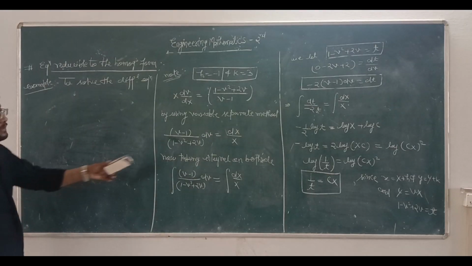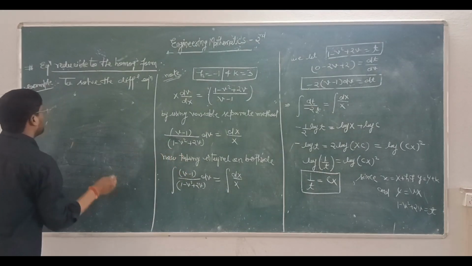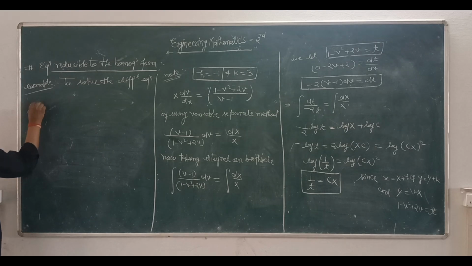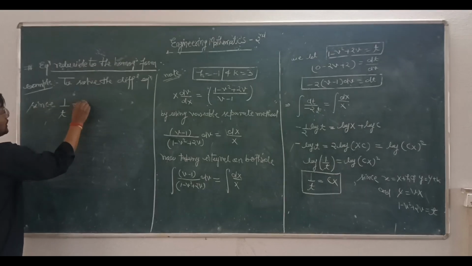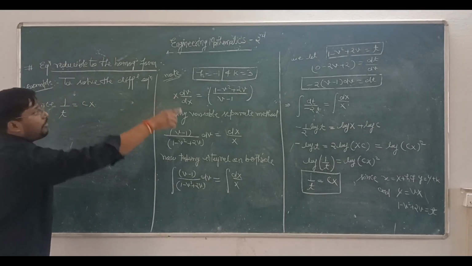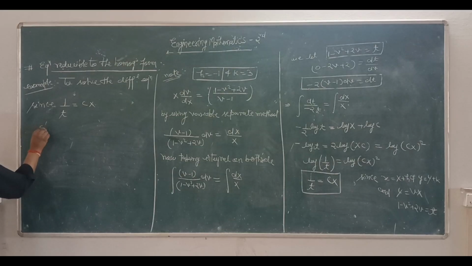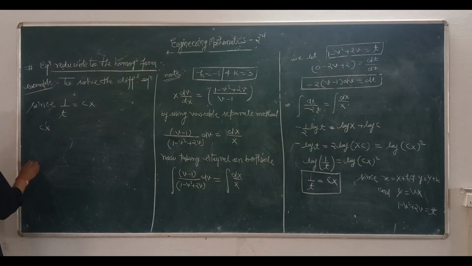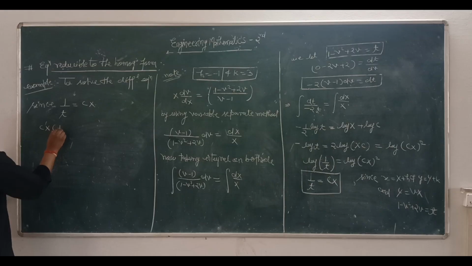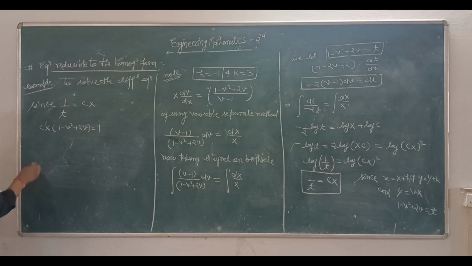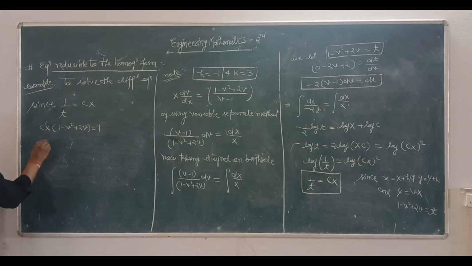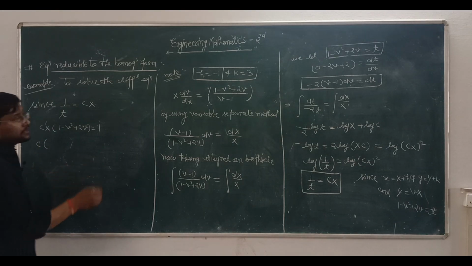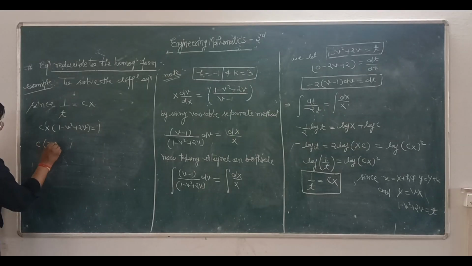You can find in this equation, since 1 upon t is equal to cX. Now you can write the value of t. You can write c into cX (1 minus v square plus 2v) is equal to 1. Now put the value of capital X. Capital X is equal to x minus h.